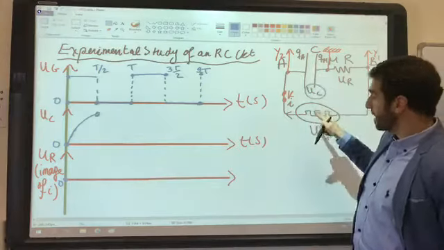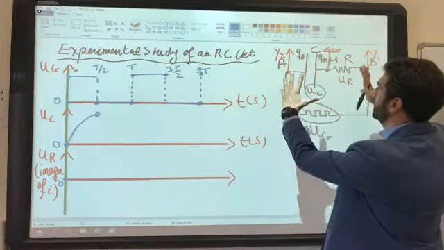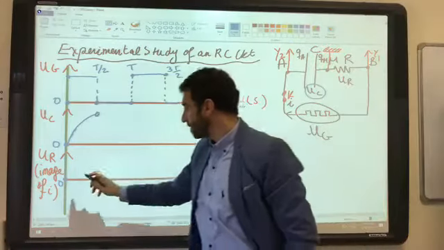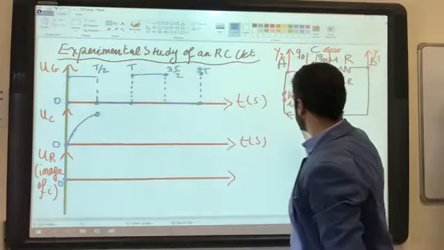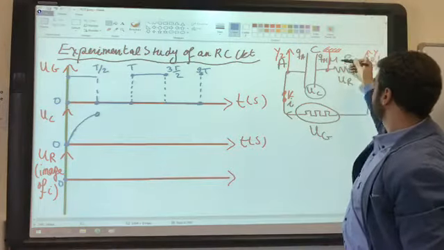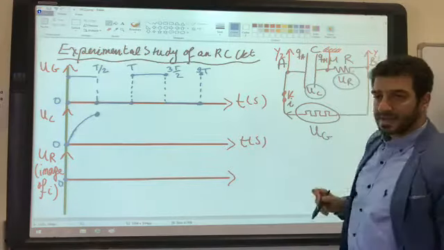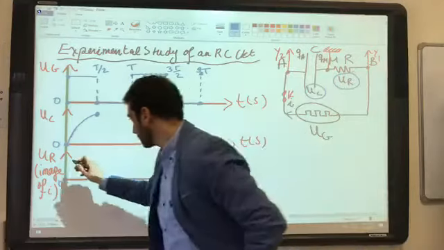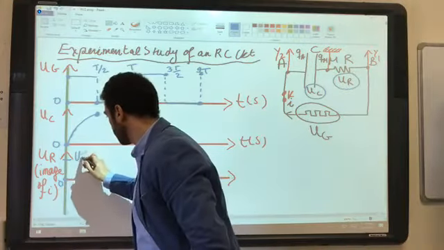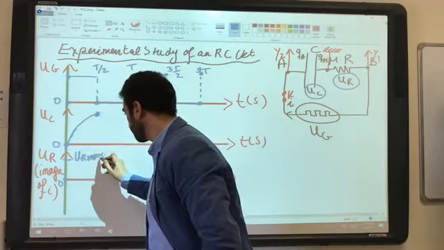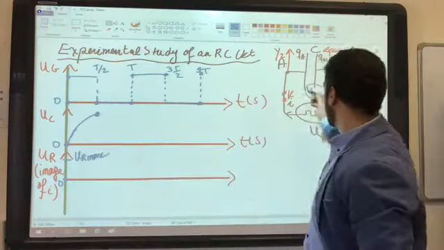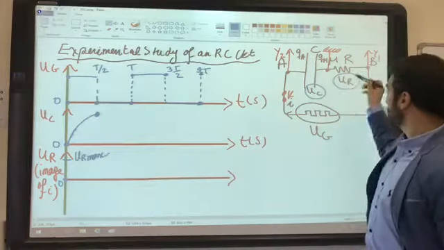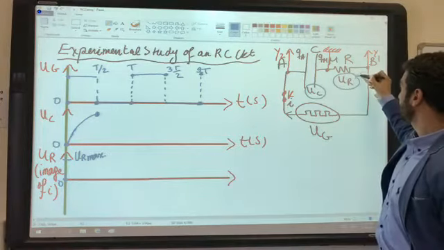At the same time, what's happening with the resistance? At t equals 0, the resistance has a maximum voltage at the beginning. So this is U of R maximum. At t equals 0, U of C is 0 and U of R is maximum.